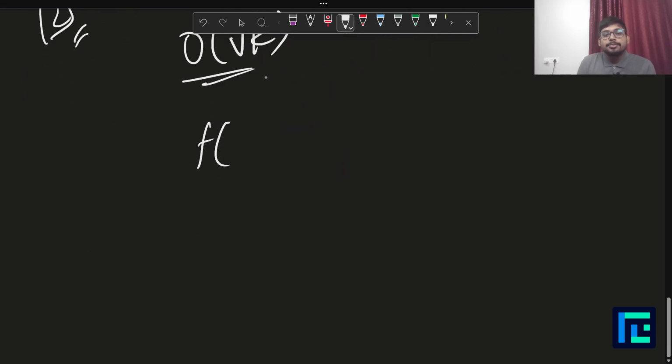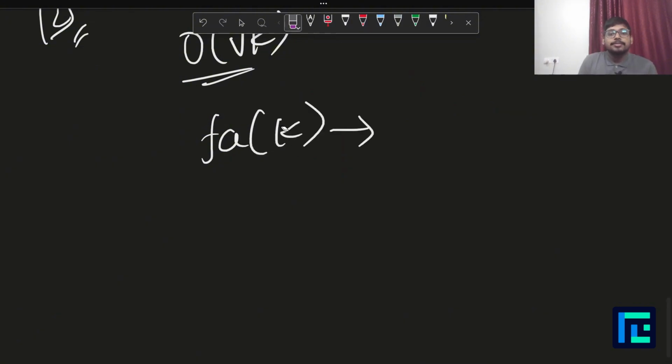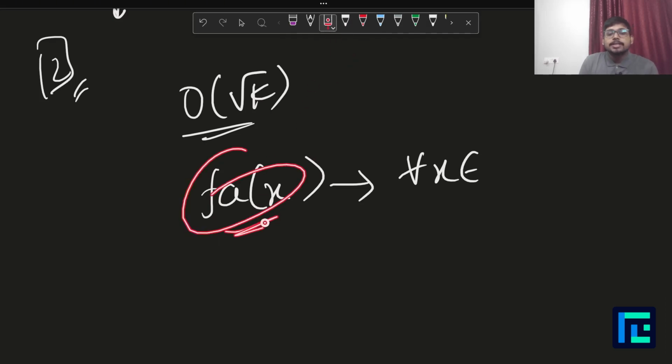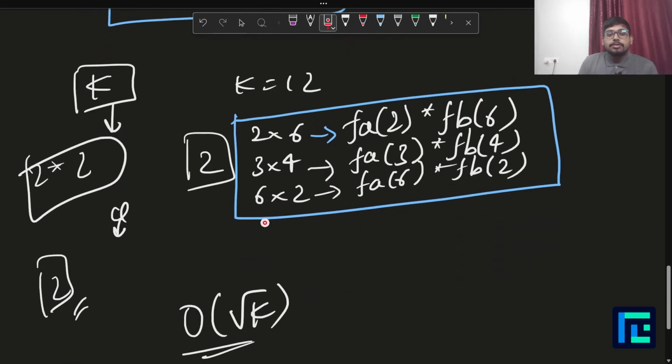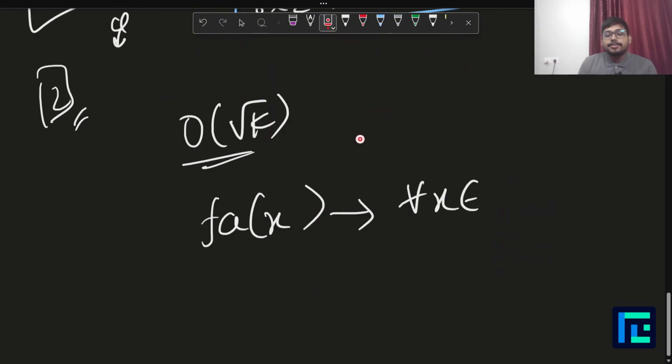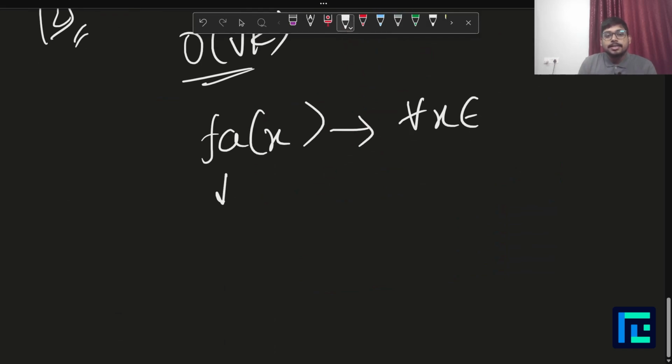So we would have to pre-compute the values of FA of x. Let's say I'm not using k here, I'm using x. We need to pre-compute the values of FA of x for all x that can exist here. Now if you look here, the factors may go up till k, but what actually is this FA of x?